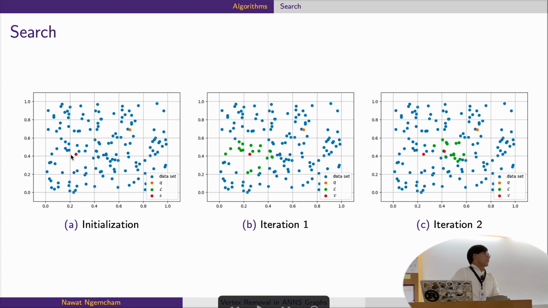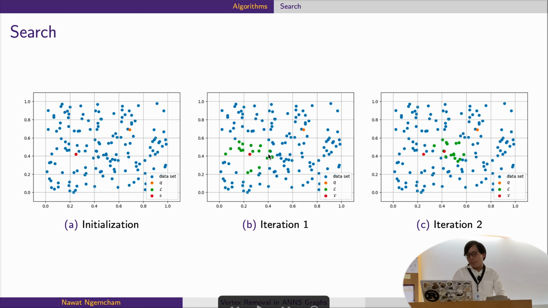So what the algorithm usually does is it adds the neighbors of your starting point or current point, and then puts them into the queue, and finds the closest point to the query point among that work queue. So the green here is your work queue. I'm not sure if it's very clear.